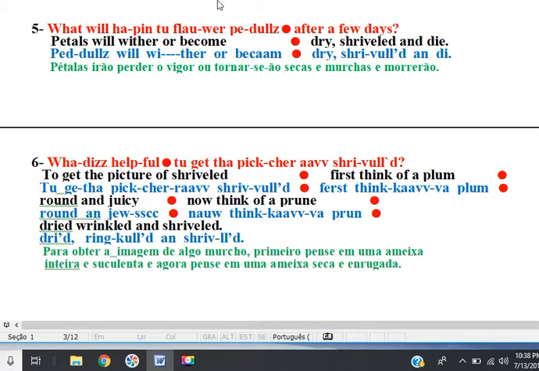Line 5. Petals will wilt or become dry, shriveled, and die.